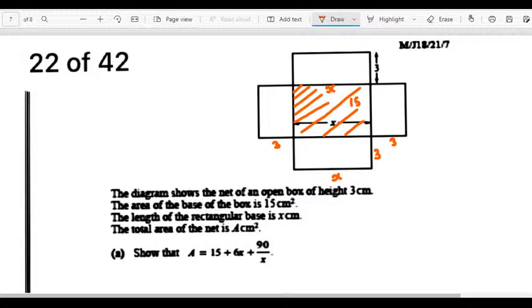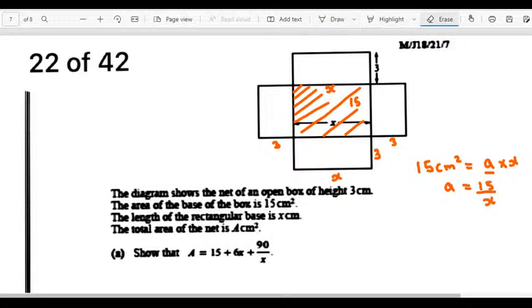Okay. Now using this 15, I can find this side A. I know that 15 centimeters square is basically coming out from A into x. I want A in terms of x, so it would be A equals 15 divided by x.